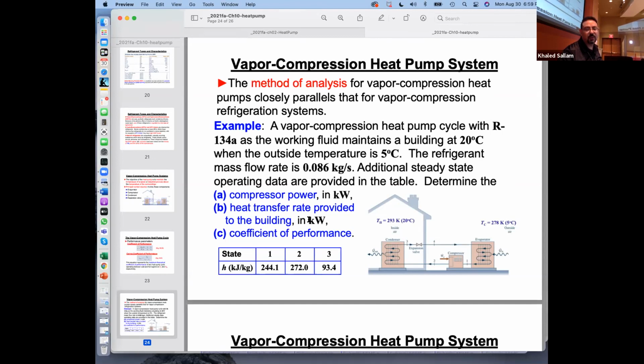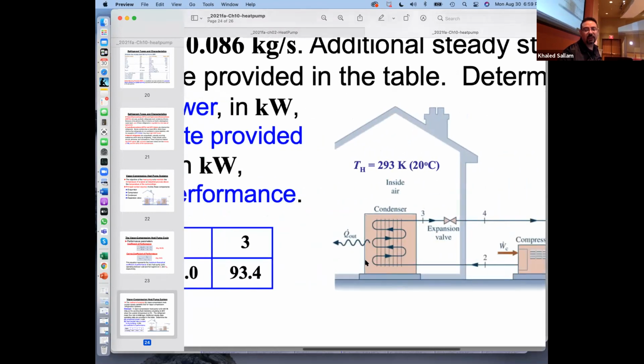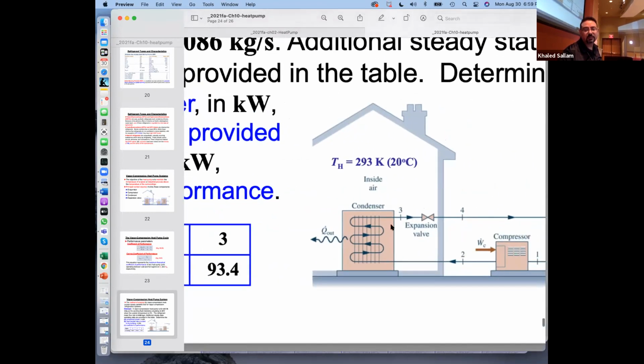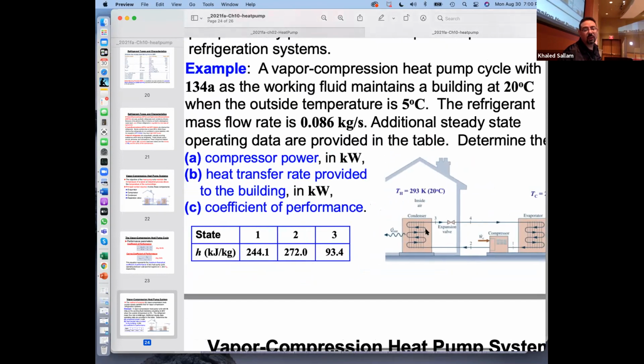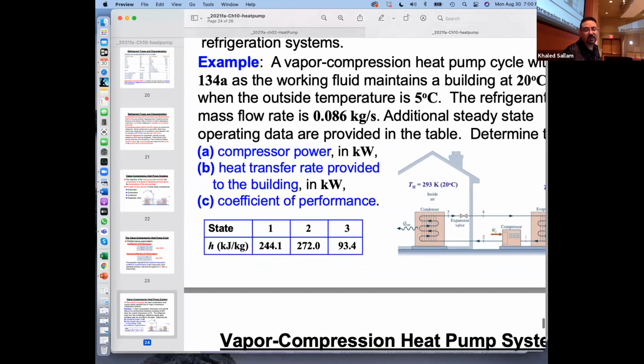Determine compressor power, and it gives you H1, H2, and H3. Why didn't it give me H4? Same. 3 and 4 are the same, throttling, right? So he wants the compressor power. That's easy, right? That's H2 minus H1, times m dot.